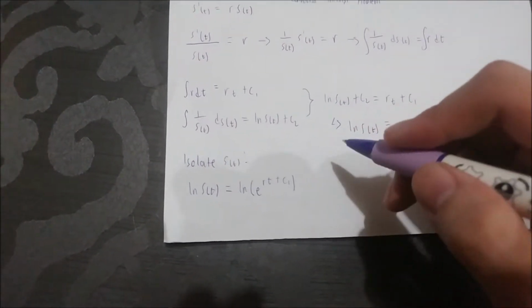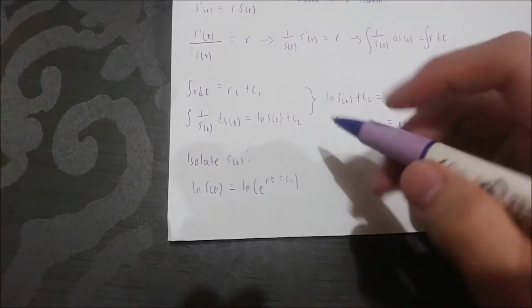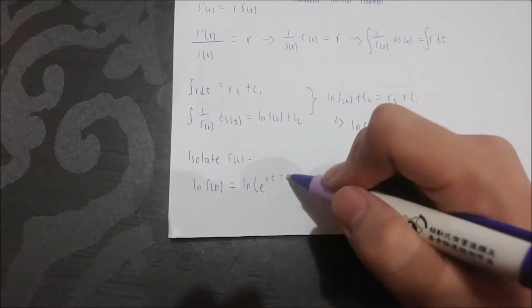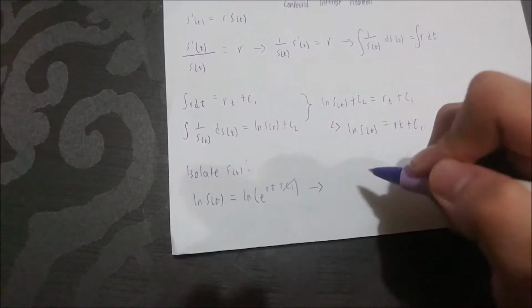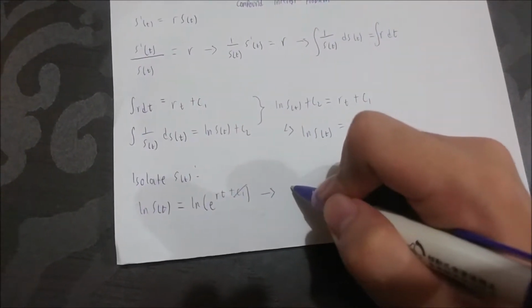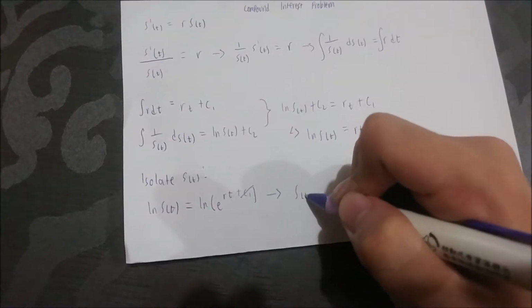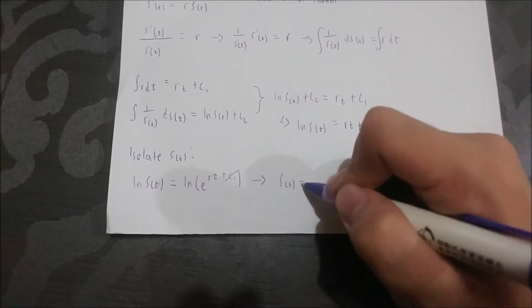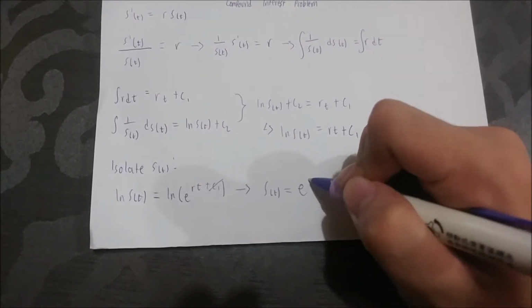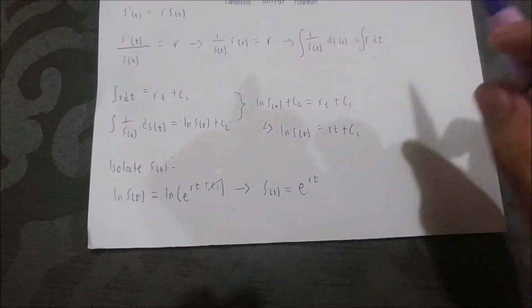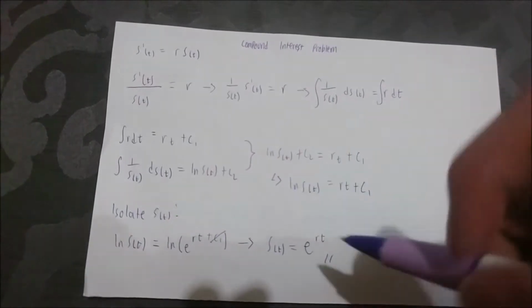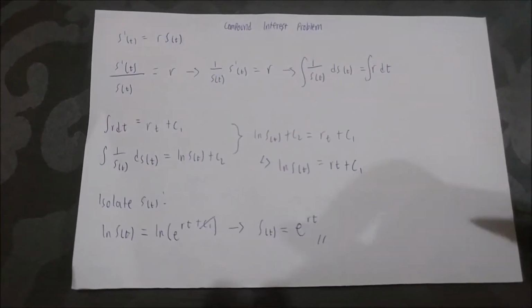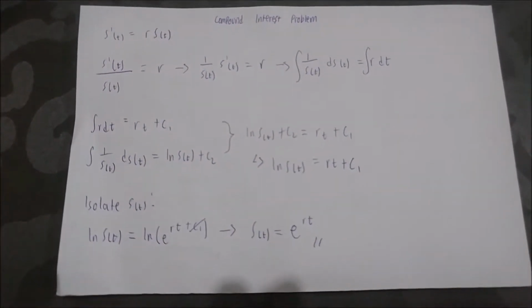Now we can actually disregard c1 since we won't have any constants for the given problem. So now we are left with the differential equation s of t is equivalent to e raised to rt. And there we have it. That is going to be our differential equation, which we are going to be using for our compound interest problem.